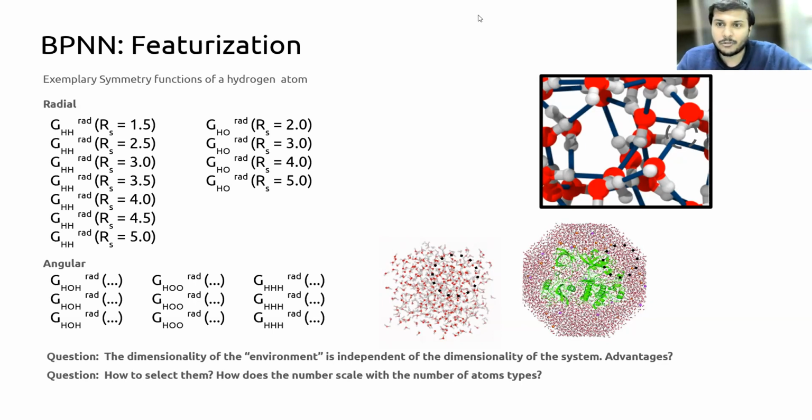With Behler-Parrinello, what we're trying to do is something in between where we slightly complicate our features, and then we use a slightly complicated model. But if you want to just use positions, you'll have to use a very, very complicated architecture. And currently, I don't think anything works out of the box, unfortunately. But yes, eventually it would be great to just feed in some positions and get energies out.